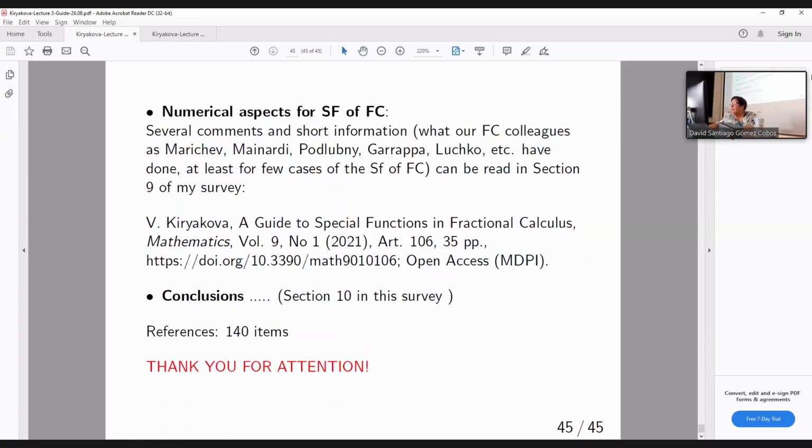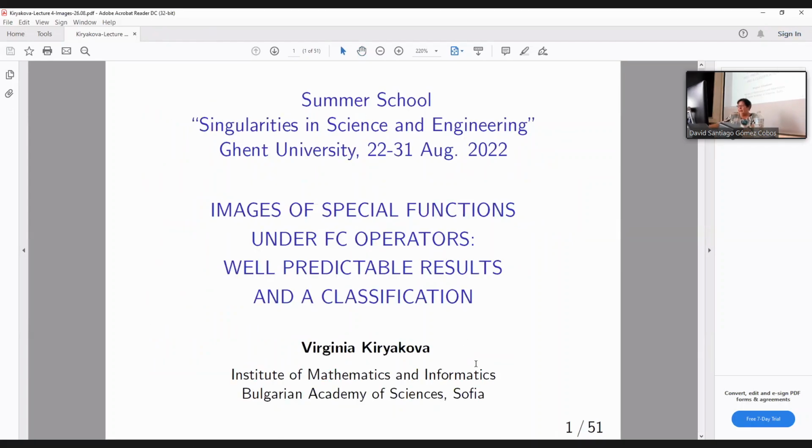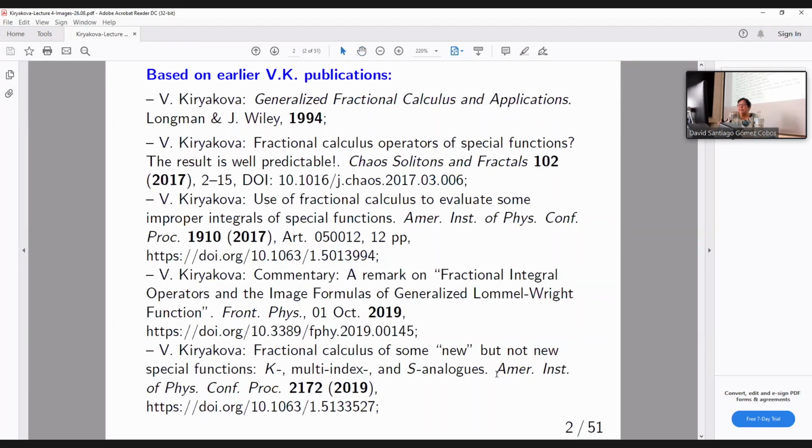Well, so now I go to, okay, the slides of the next talk. It is just an analytical continuation of the previous information and based on the same kind of works in the book, my survey papers in the journal Chaos, Solitons and Fractals with the title Fractional Calculus Operators of Special Functions. The result is well predictable. We see why.